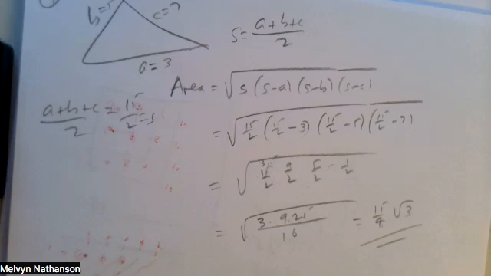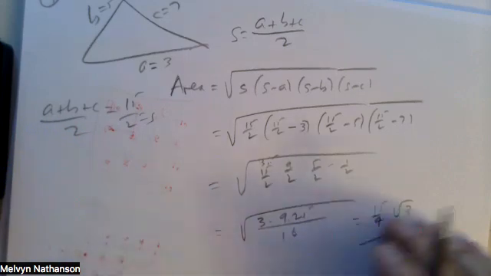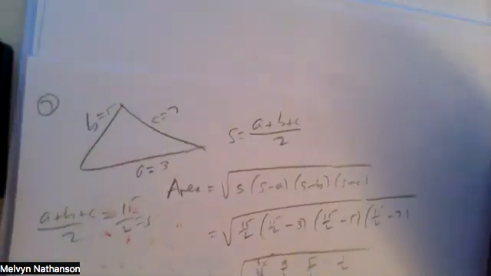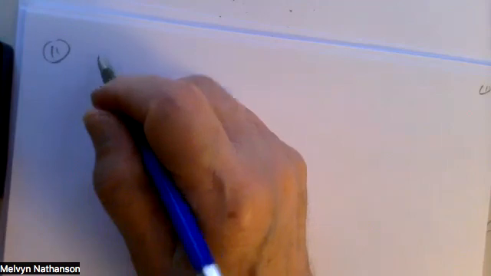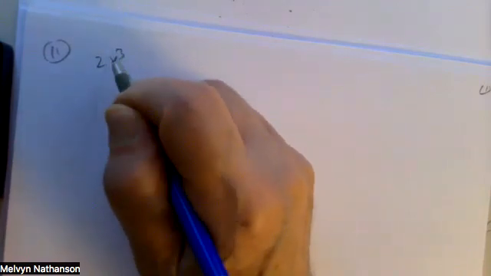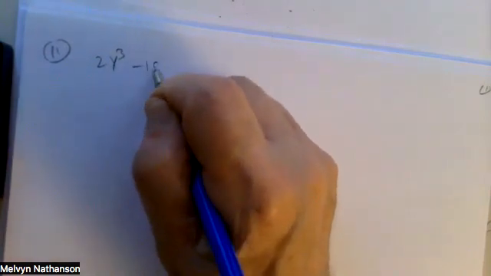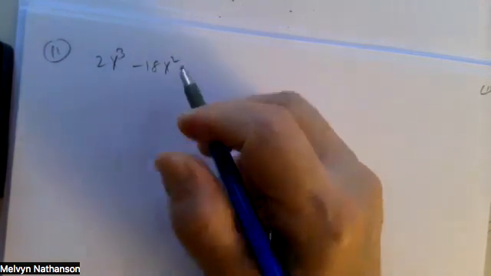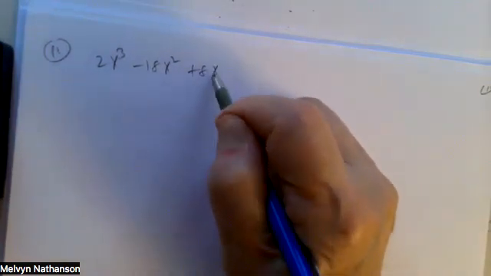Can we do 11? Find the depressed cubic. Change from the cubic. So we have 2x cubed minus 18x squared plus 8x plus 2.